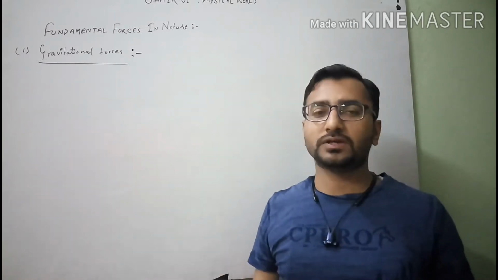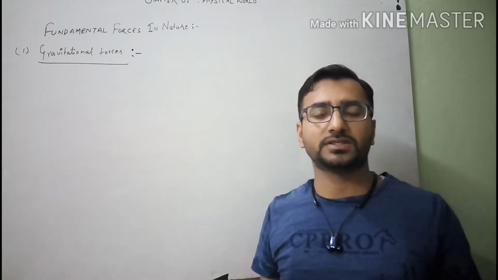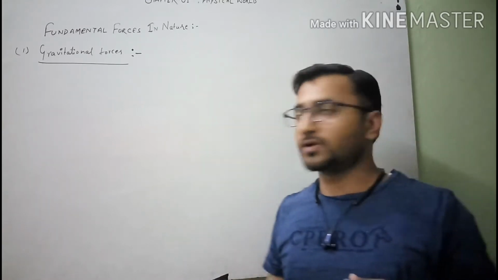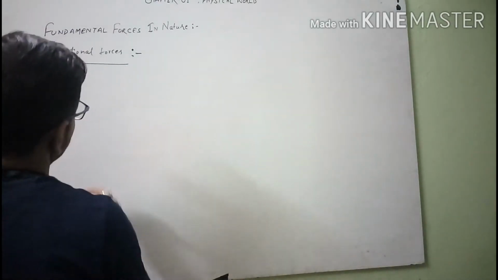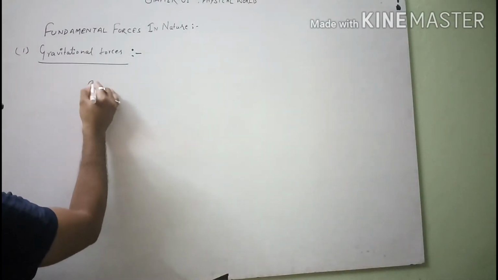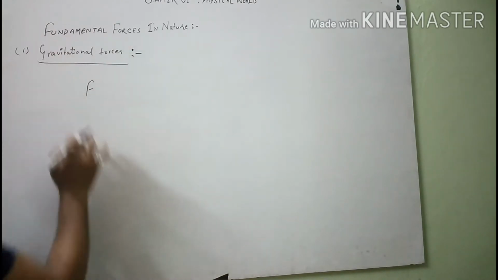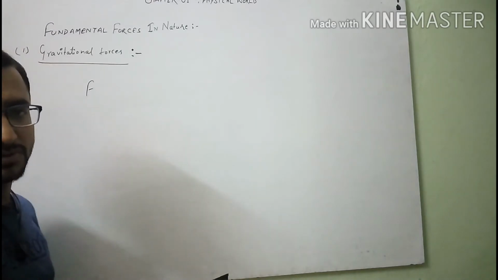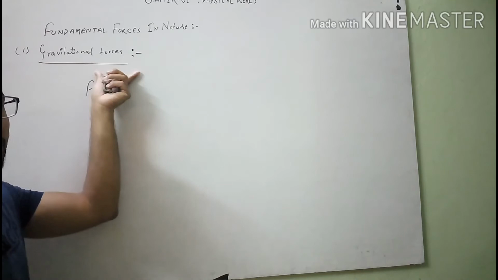For this force, Newton gave a relationship, called Newton's law of gravitation, or Newton's formula for gravitational force. Gravitational force is only one type of force, the attraction force. It is only an attraction force.